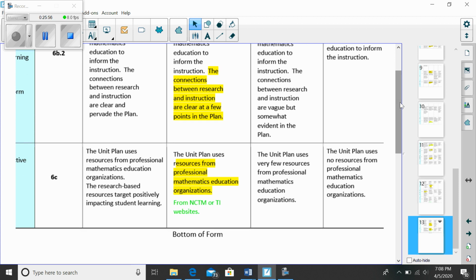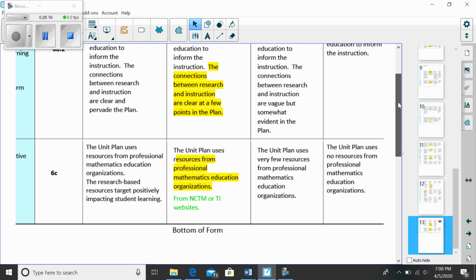We've seen this a couple other times in the plan, asking about research, but more than just listing an article, really making it clear how that research article influenced your instruction. If you can do that at a couple points in the plan, then I can give you a good score here.